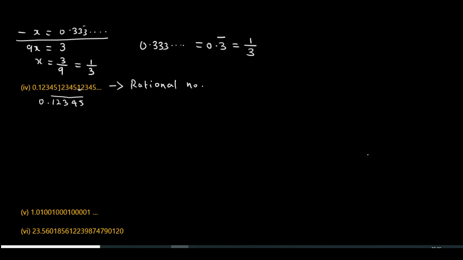So how to check whether it has p by q form or not? Take the given number as x, 0.12345 12345... equals x. And how many digits are repeated? 1, 2, 3, 4, 5 digits.